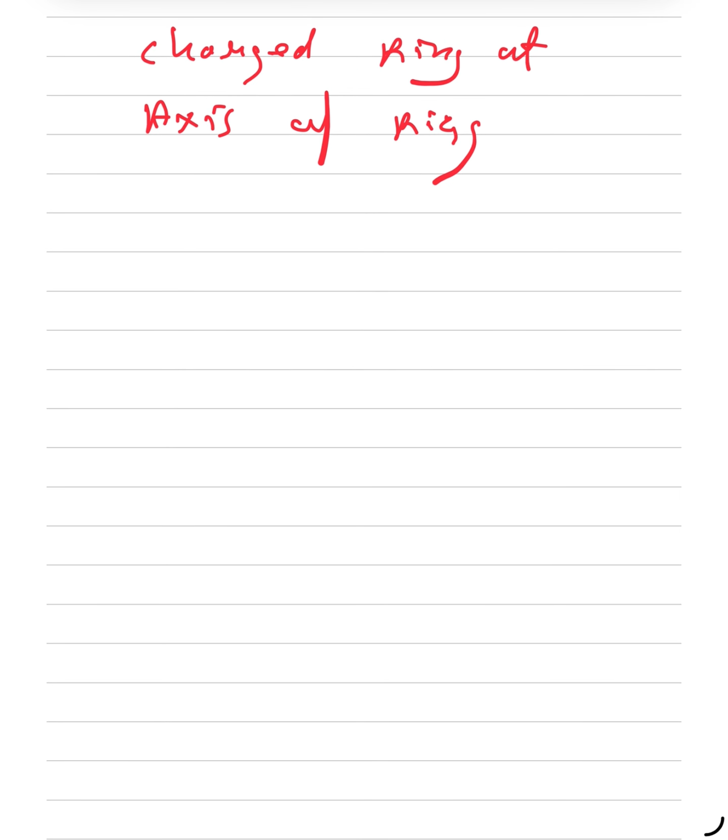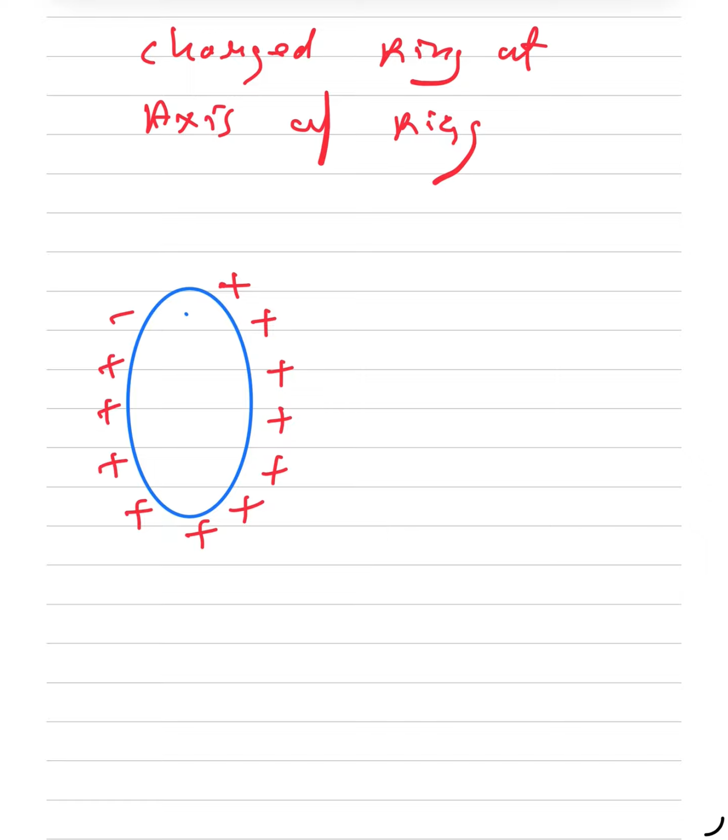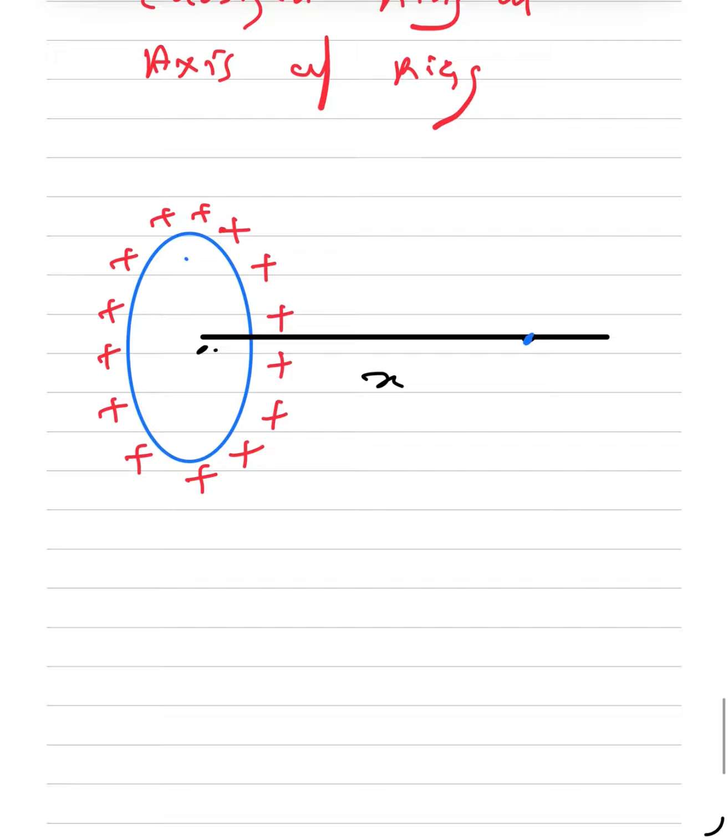This is a uniformly charged ring, and suppose that positive charge is uniformly distributed. This is the center point and this is an axis point. Suppose that this is a distance x, and calculate the electric field at this point.